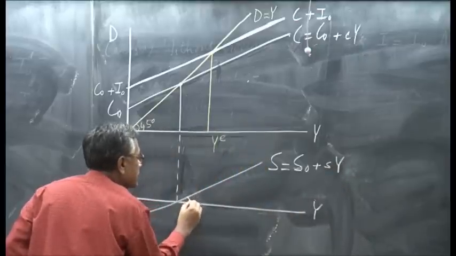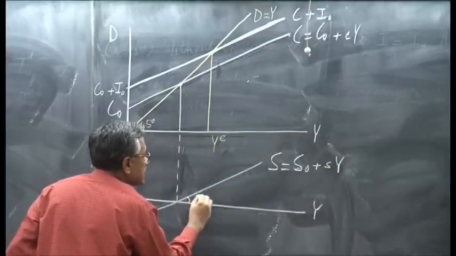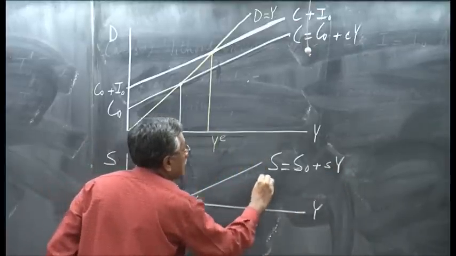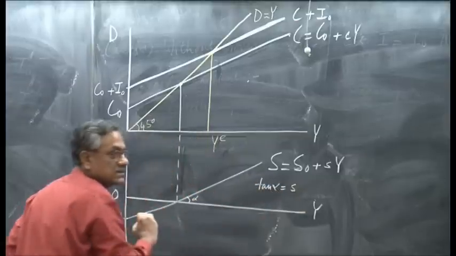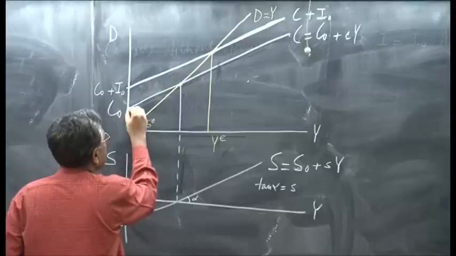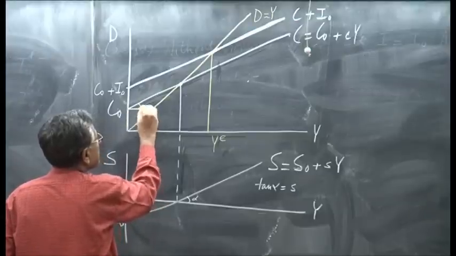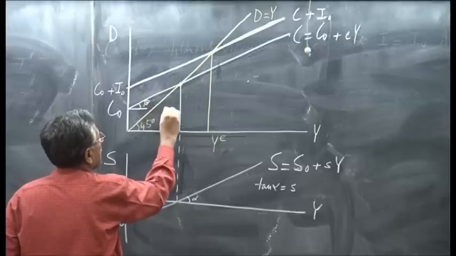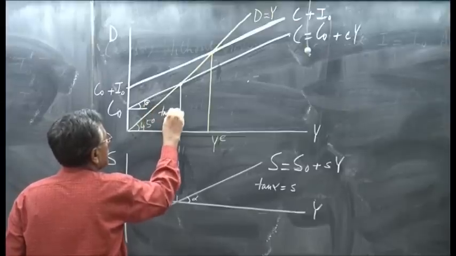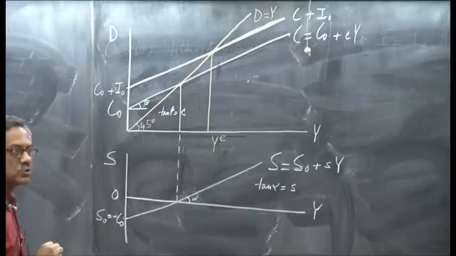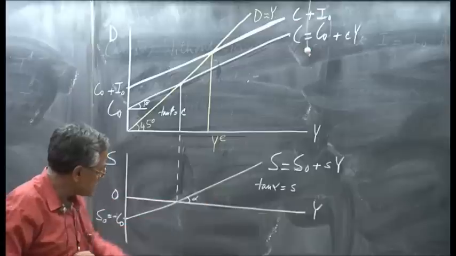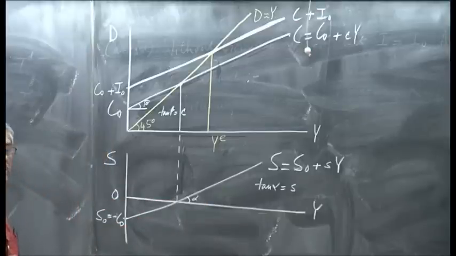Where that angle here is some alpha, where tan alpha is equal to small s. And this angle, say some beta, where tan beta is equal to small c, the marginal propensity to consume. The slope of the savings line is the marginal propensity to save.